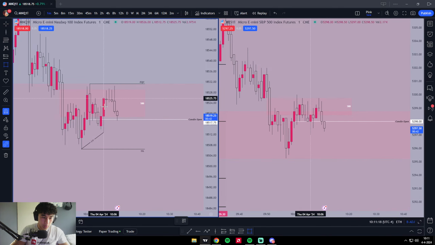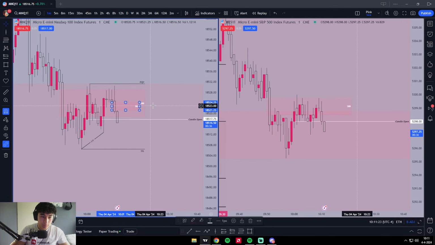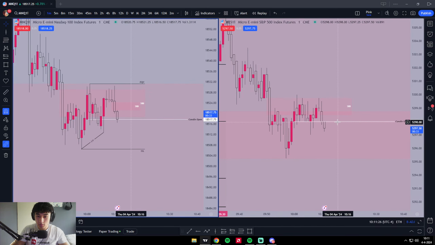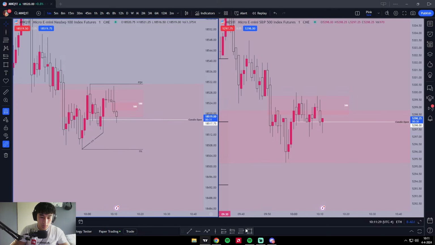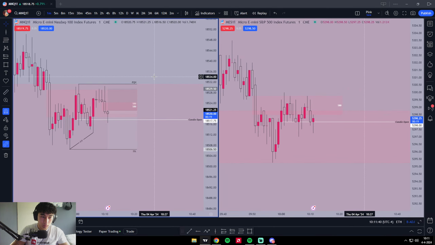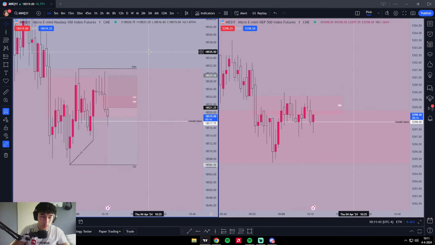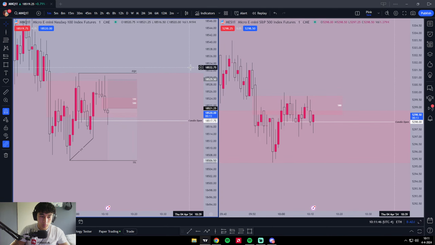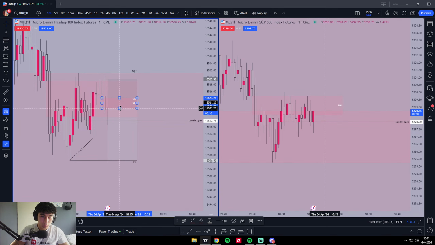See us not close this candle here or this gap here. Maybe there's a nice opportunity to go short there if we leave it. Really small gap here.